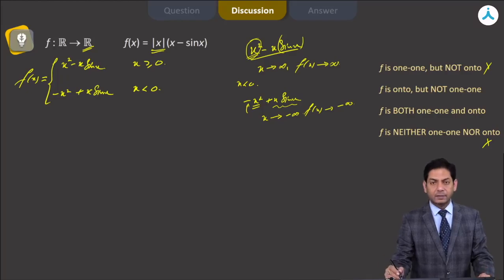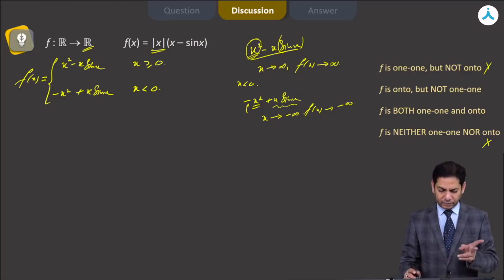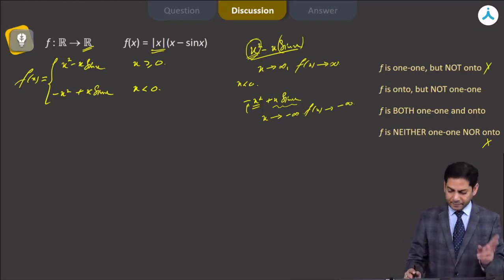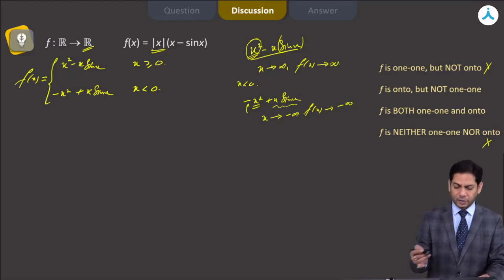Out of the second and third, we have to decide, and that can be decided on the basis of the function's monotonicity, that is, its one-to-one behavior can be understood by its monotonicity.